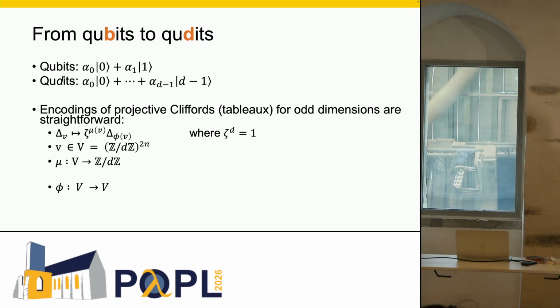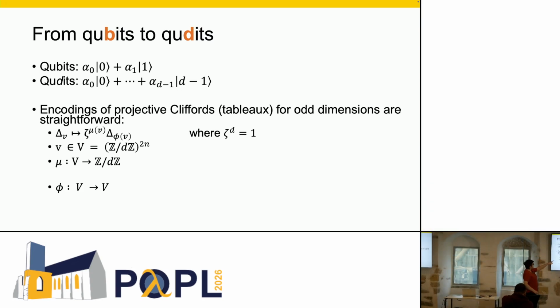And so just to be clear, this V is the vector V, the font is different, but the vector V is going to be pulled from the uppercase set V, which is 2n dits, basically. And the function mu goes from V to a dit, and the function phi goes from V to V. Okay, so what properties do mu and phi have?